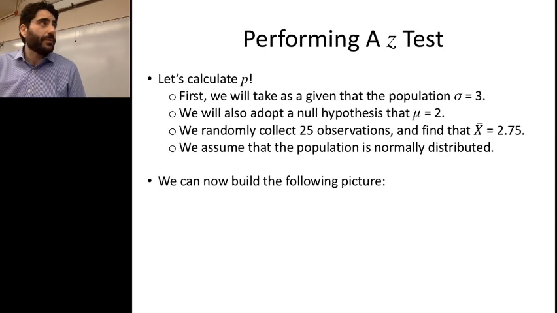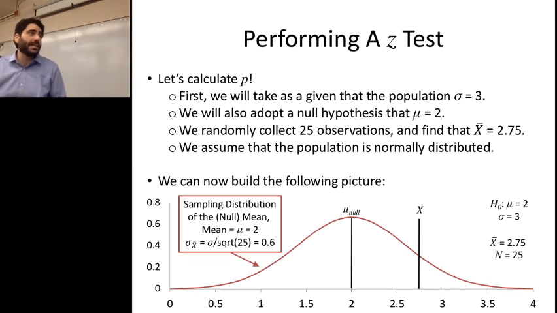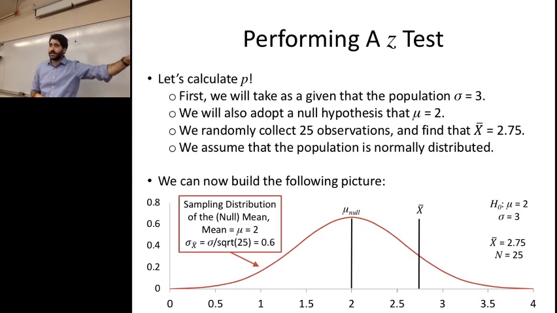Okay, so what we can now write down via the central limit theorem is what this sampling distribution of the mean looks like. Our null hypothesis is that the population mean is 2. And so the central limit theorem tells us that our samples should also be centered around 2. So that's pretty easy. The central limit theorem also tells us that the standard deviation of the means in the null samples should be 3 divided by the square root of 25, which is 0.6.